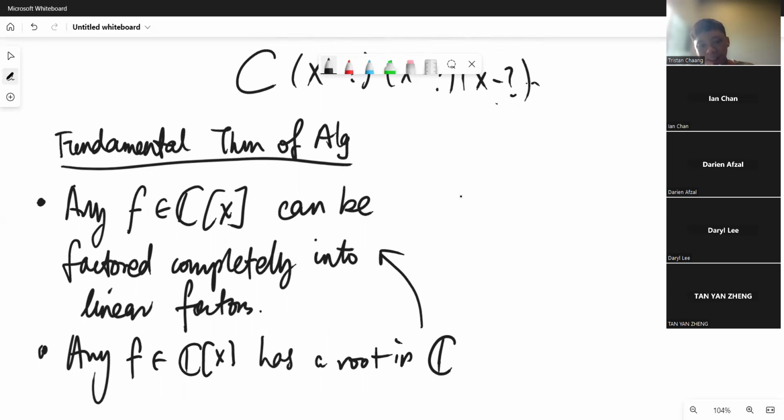Can anyone see why? Why does the second statement imply the first statement? So think about what you've learned in the previous lecture. What happens when a polynomial has a root, and what happens afterwards?